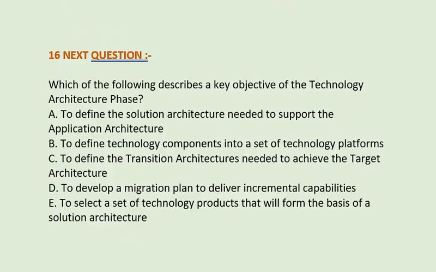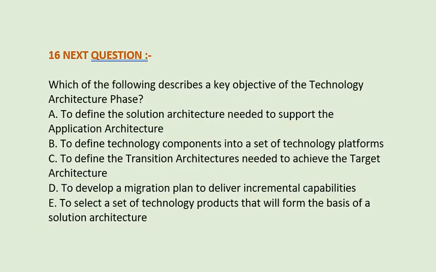Question is, which of the following describes the key objective of the technology architecture phase? Option A, to define the solution architecture needed to support the application architecture. Option B, to define technology components into a set of technology platforms.